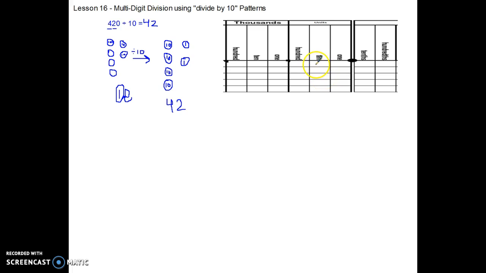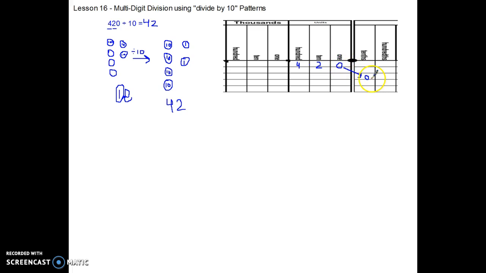Now I'm going to think about 420 divided by 10 using a place value chart. So first I'm going to put my numbers here: 400s, 2 10s, and 0 1s. And knowing what I know about the place value chart and dividing by 10, when I divide by 10, I'm going to move my number over one column. So each of these lines represents dividing by 10.